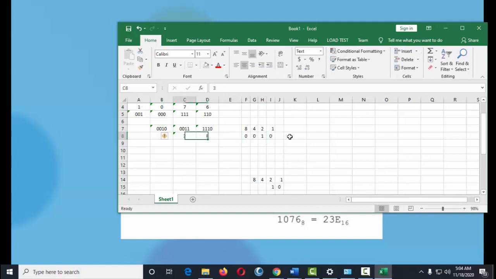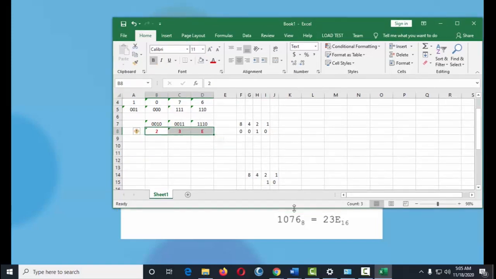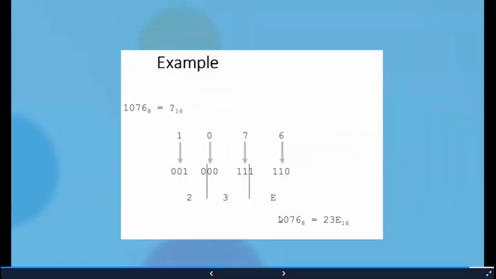So the answer is 2, because this is the one that's highlighted. So the answer is 2. So 2 3 E. This is our final answer. That's why we have this here in our example. It's 2 3 and then E.